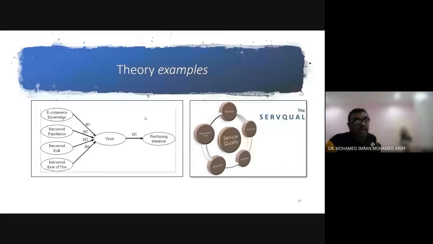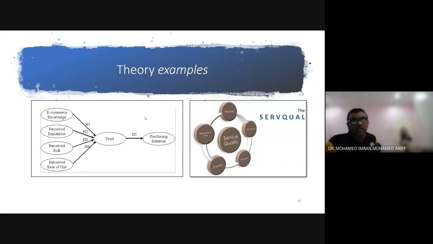E-commerce knowledge, adakah orang yang berbelanja dalam online mempunyai e-commerce knowledge? Adakah orang berbelanja online ini diorang belanja dekat website yang reputable only? Adakah mereka sanggup mengambil risiko? Oh, mereka ease of use, benda diorang shop ni sebab senang. Okay, so what are the factors that contribute to trust?